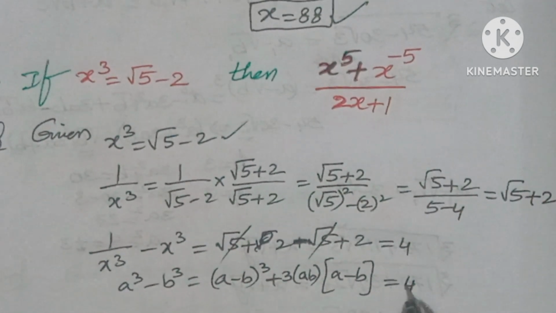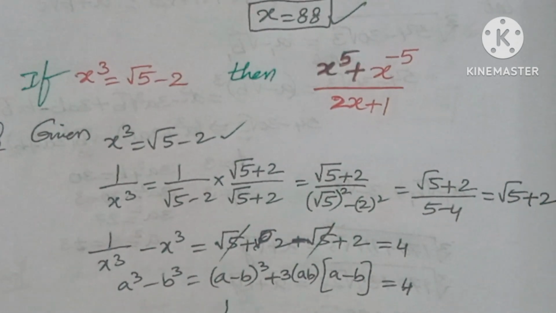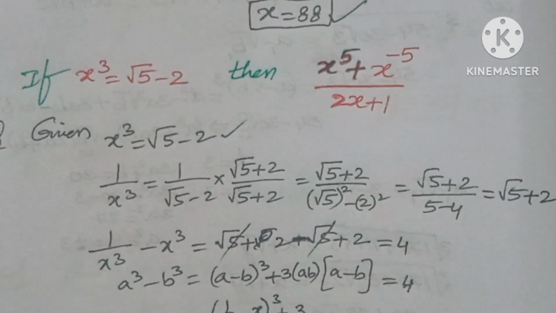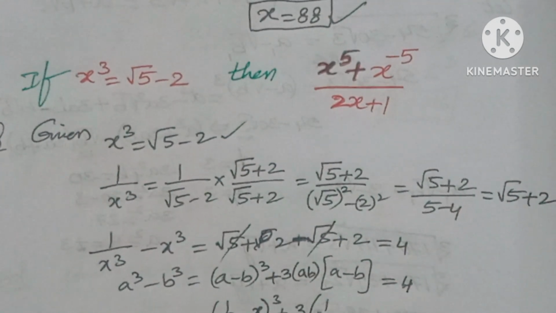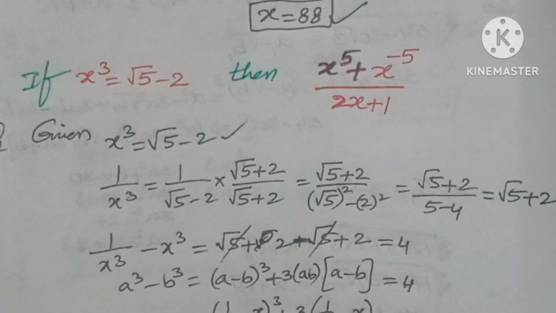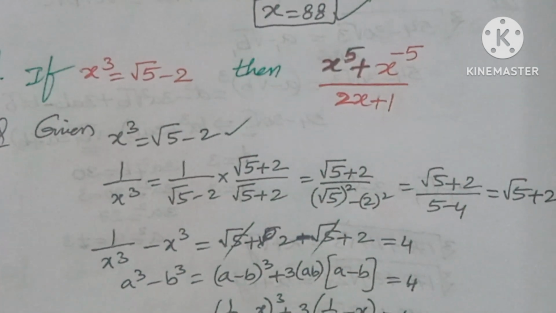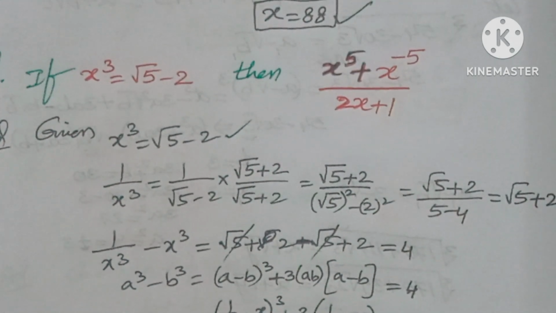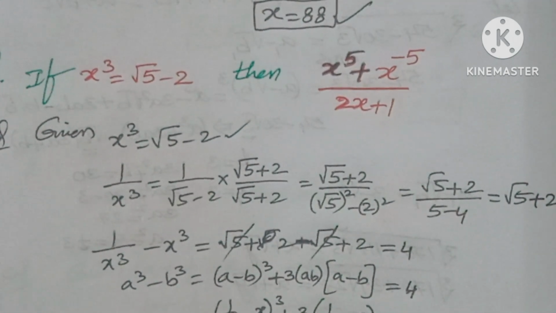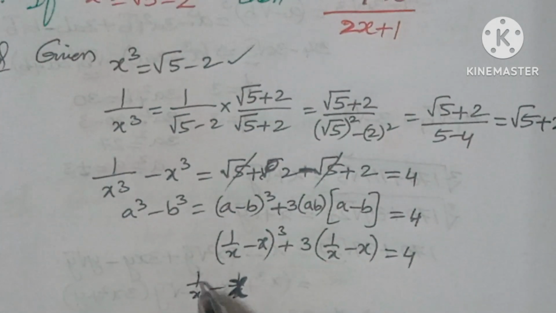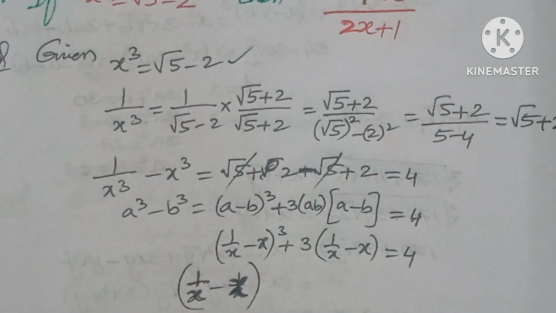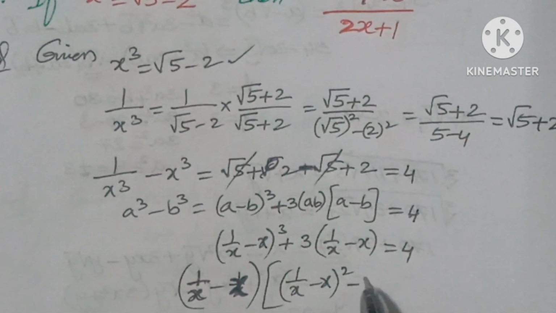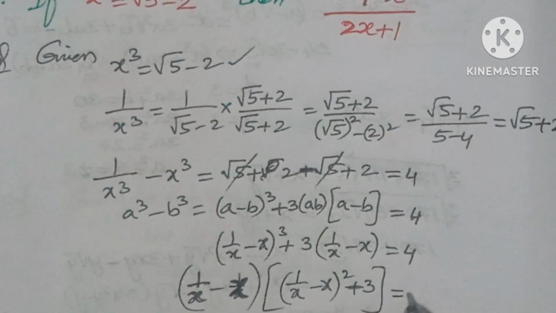Now substitute a, b values here: 1 by x minus x whole cube plus 3 into, both values will cancel, 1 by x minus x, equal to 4. From this, 1 by x minus x common, here (1 by x minus x) whole square plus 3 is equal to 4.